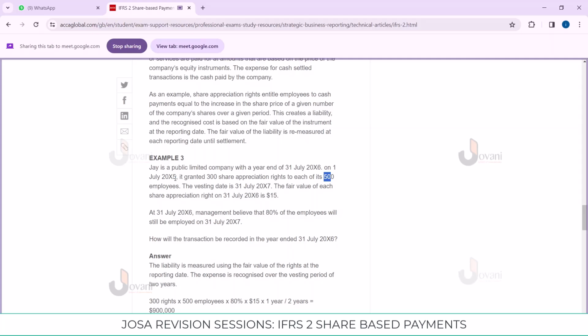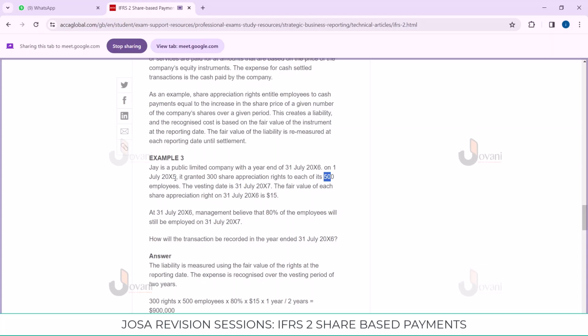As such, the expense should be recognized over the vesting period of 2 years. How do you get the 2 years? 1st July 2X5. When are they vesting? 2X7. 2 years. And the formula is the same.